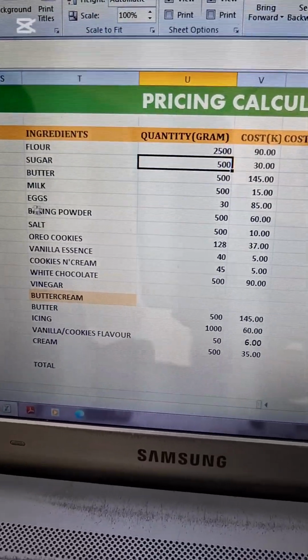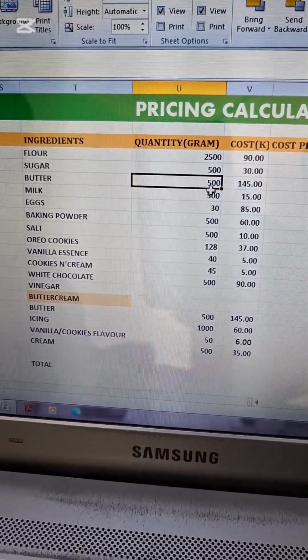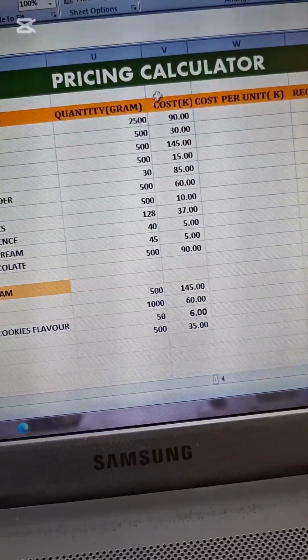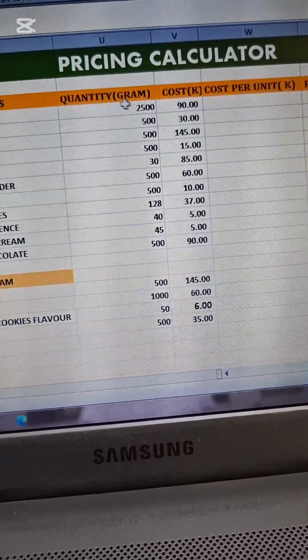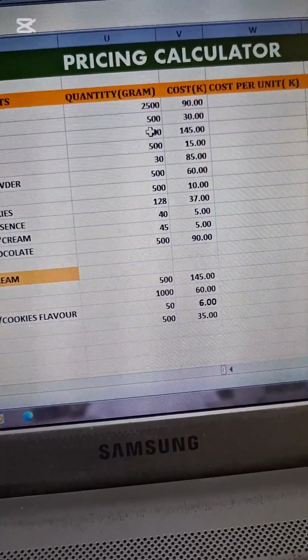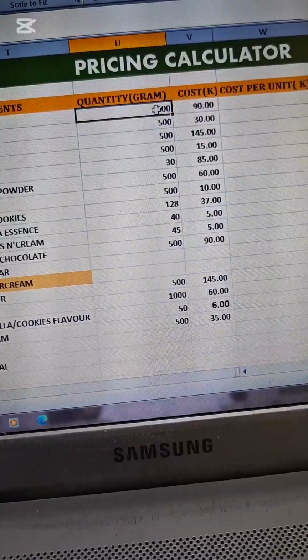So for example, 1 kg of sugar is equal to 1000 grams. I also buy other items like oil in milliliters, and to convert that to grams, you just need to know the density of the substance. It's also useful to know that milliliters and grams are virtually almost the same in most brands.